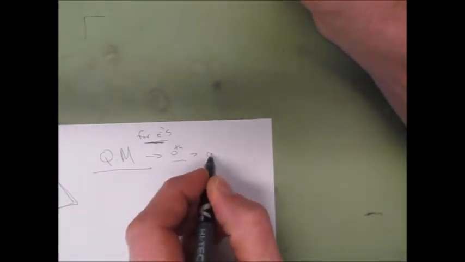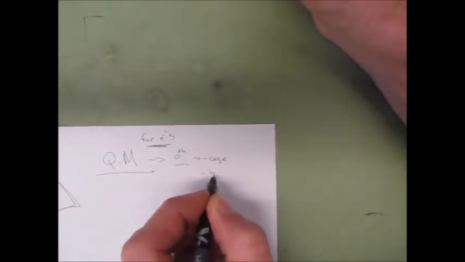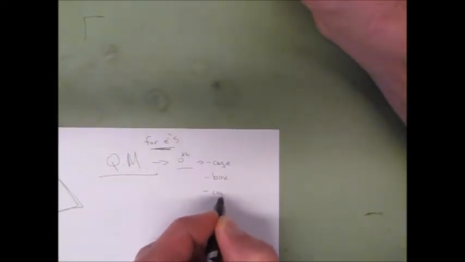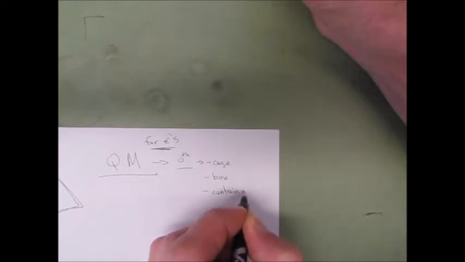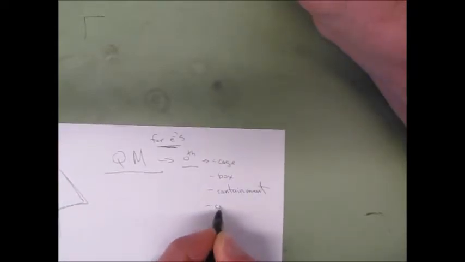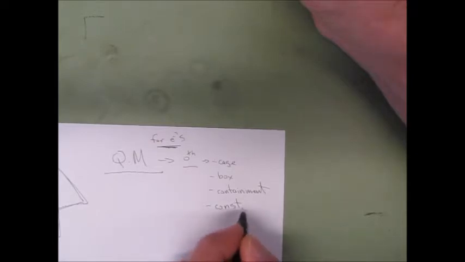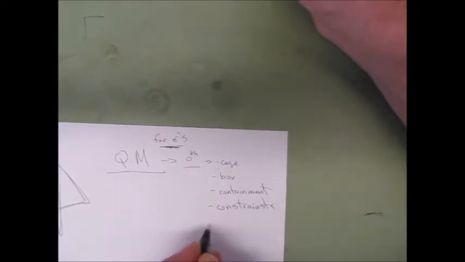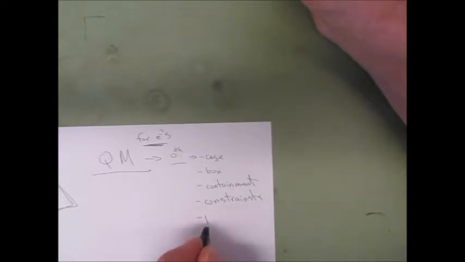This can be applied to stuff that's inside the nucleus or any other tiny particle if you want. But we're going to focus on electrons. So let's just say the type of thing that we're going to try and put in a cage, box, containment, putting physical spatial constraints, boundary.